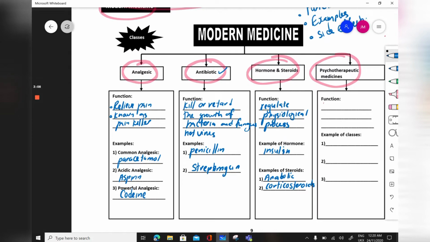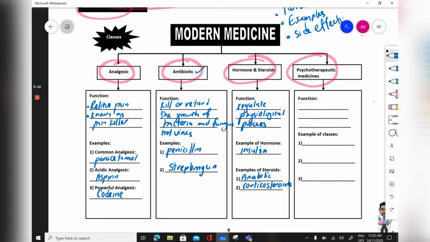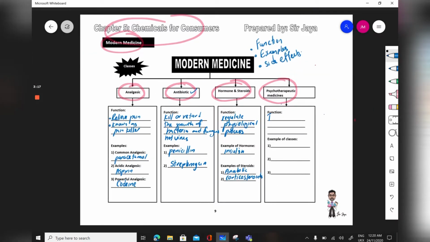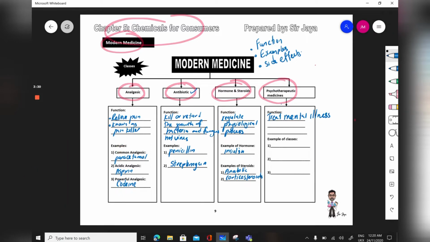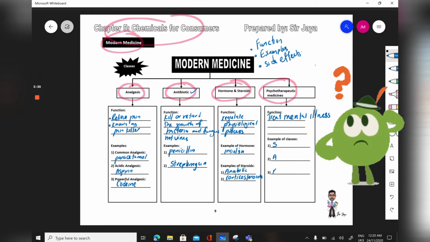Okay, psychotropic medicine. The fourth class of modern medicine is known as psychotropic medicine. The psychotropic medicine is used to treat mental illness, emotional changes, behavior changes, stress, tension, anxiety. This psychotropic medicine is divided into three classes known as SAA.